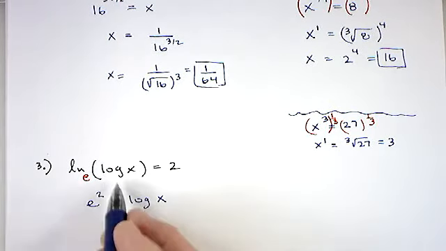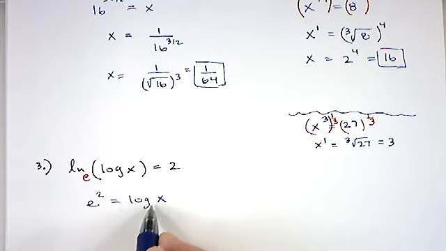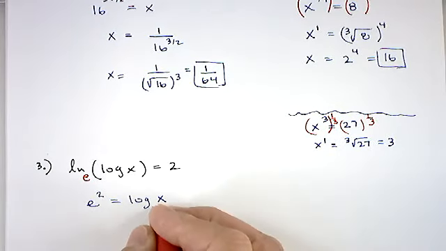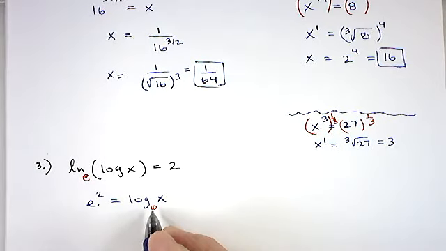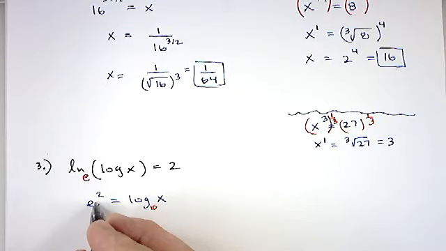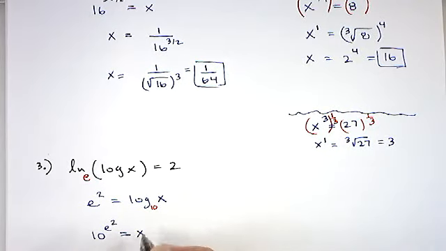Well, that was nice, but I still have a log here, and I need to get x by itself. I'm stuck on a log problem, so guess what? I'm going to do it again. Now my invisible base for log of x is 10. The exponential form says the base to this power equals x. So I'd have 10 raised to the e squared is equal to x.